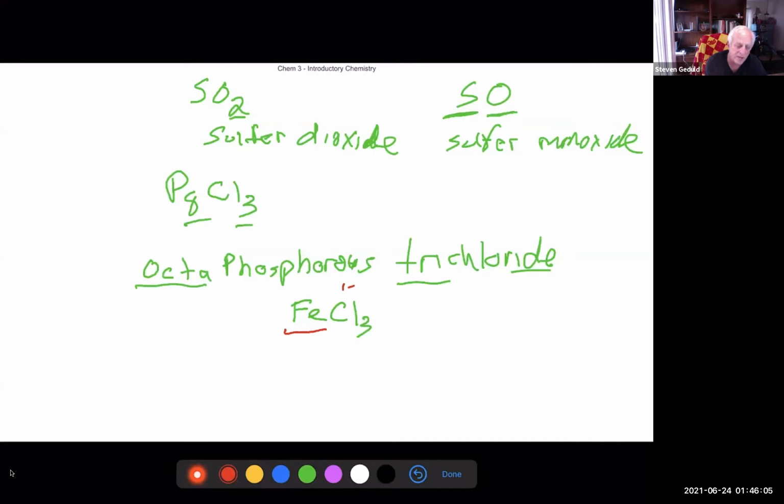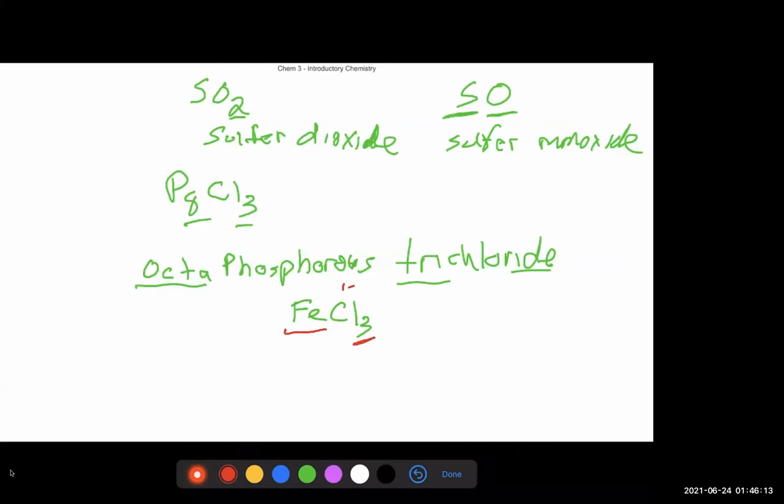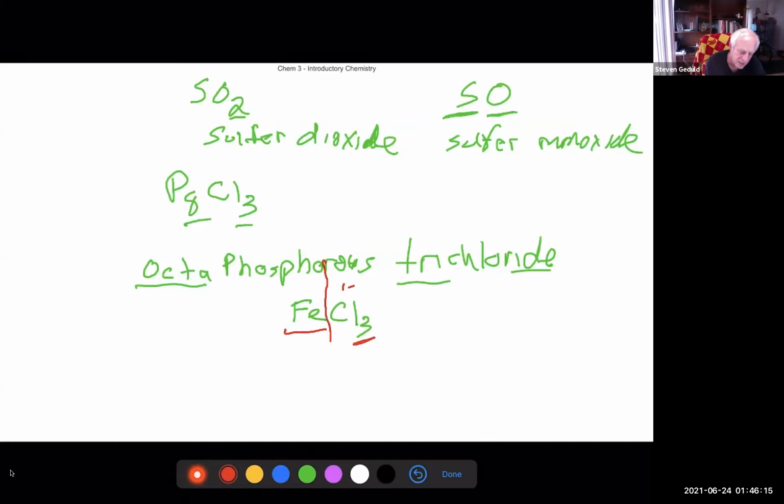How many chlorine atoms are in the formula? 3. Chlorine 3 times. So this whole side has a -3 charge, right? 3 -1 charges. So that means this side has to have 3 positive charges. So if you have to write this up, this is going to be iron(III) chloride.